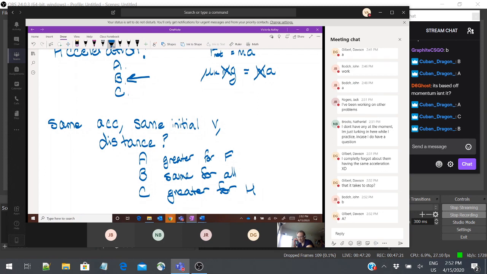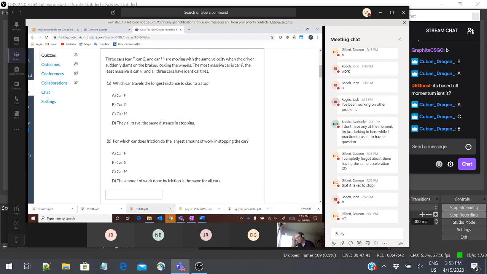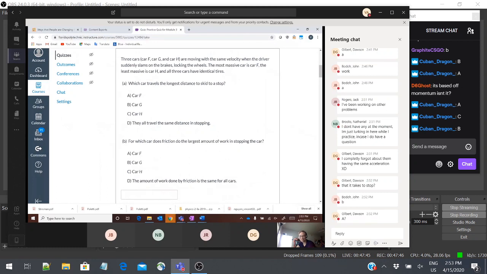Gabe says B. Correct answer is B, because we have v squared equals v naught squared plus 2a delta x. If this is the same, this is the same, this is the same, delta x has to be the same. Okay. So the correct answer for which car travels the longest distance would be D. They all travel the same distance in stopping.